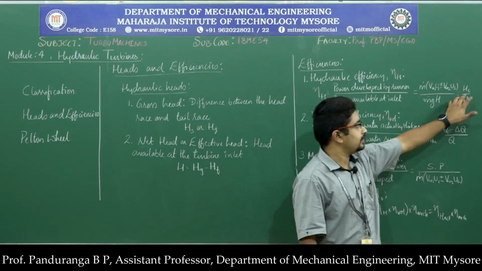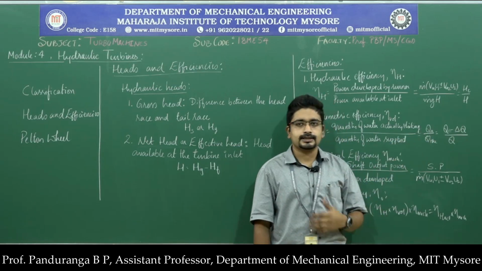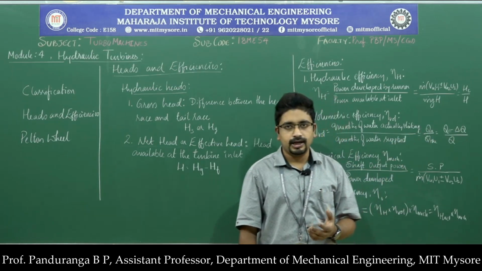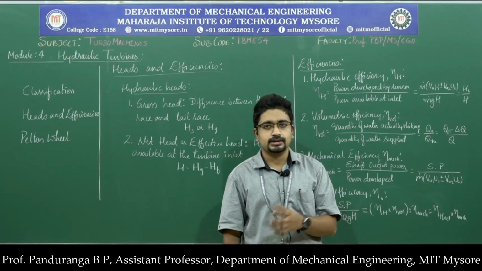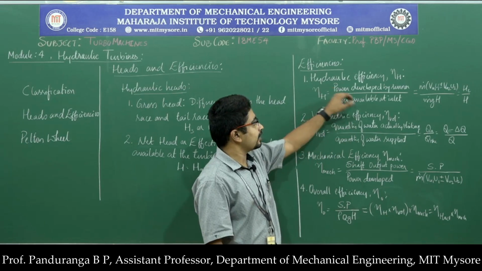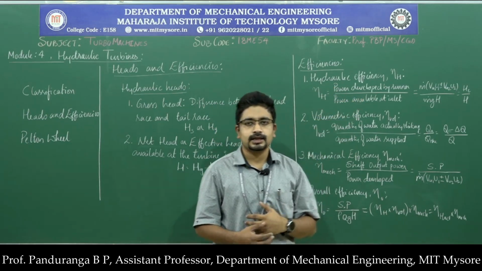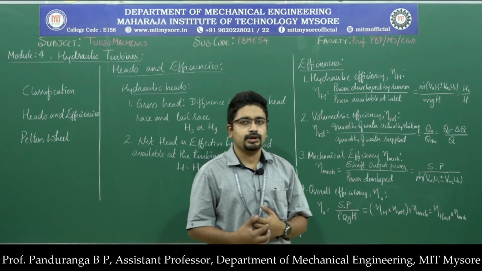So in terms of head, it is He by H, or it can also be written as head available minus head losses divided by head available. That gives us the hydraulic efficiency, or how effectively the turbine has converted the energy available in the water into theoretical work.